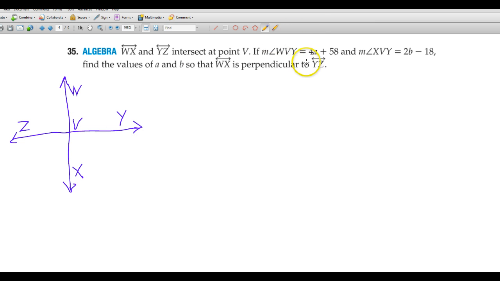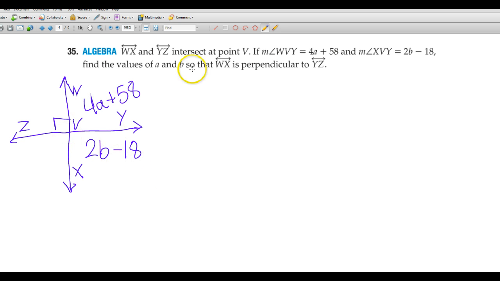And so we want the measure of WVY to be 4A plus 58, and XVY, so this angle, to be 2B minus 18, and find A and B so that the two lines are perpendicular, so that they form 4 right angles.